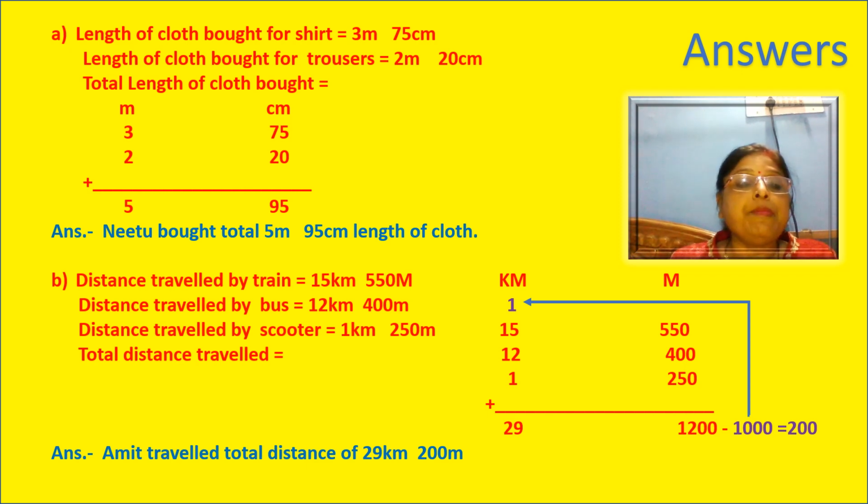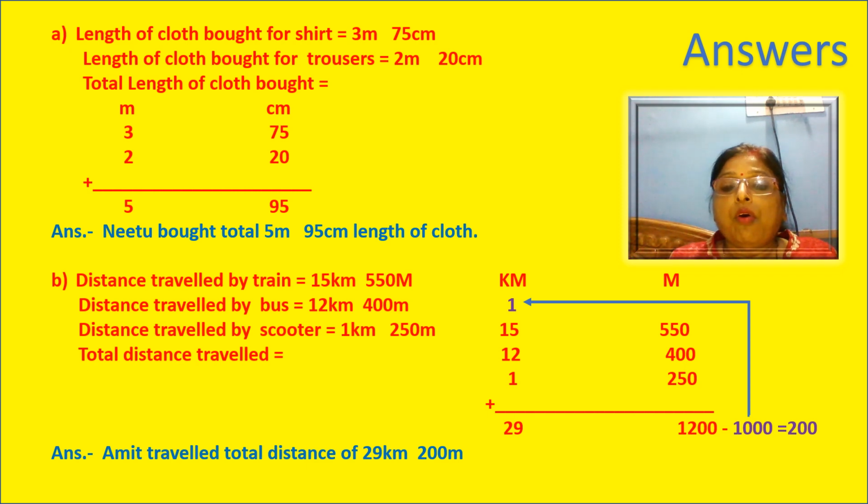Next question, Amit traveled distance by train, by bus and by scooter, and their distances are written here. First one 15 kilometer 550 meter, 12 kilometer 400 meter, and 1 kilometer 200 meter by scooter. Now you find out the total distance. For this you have to add it.